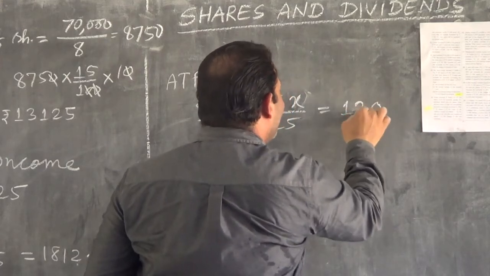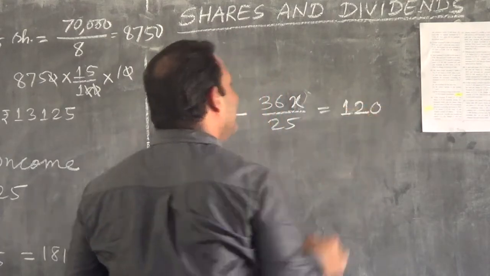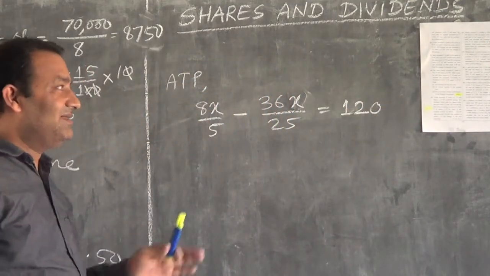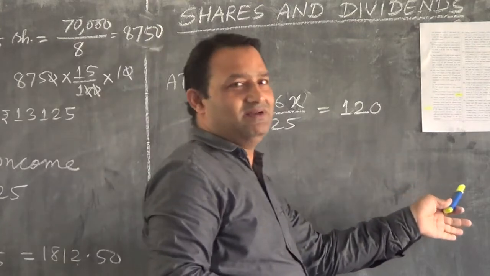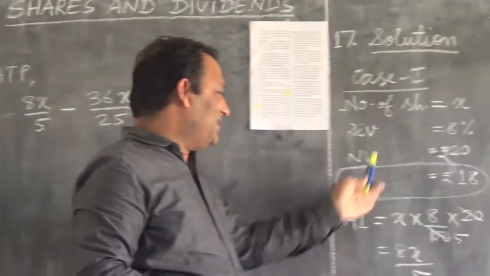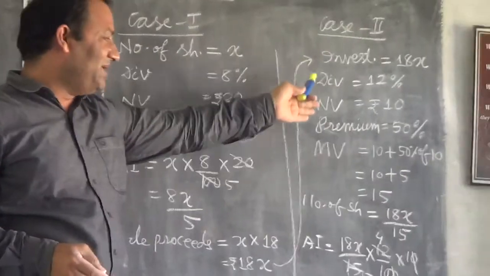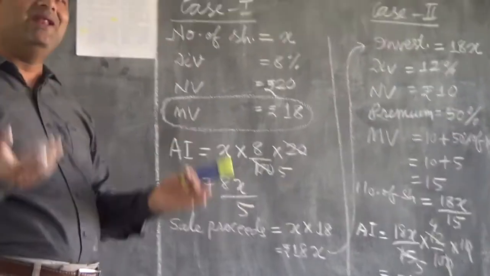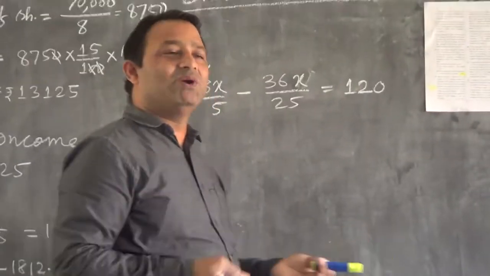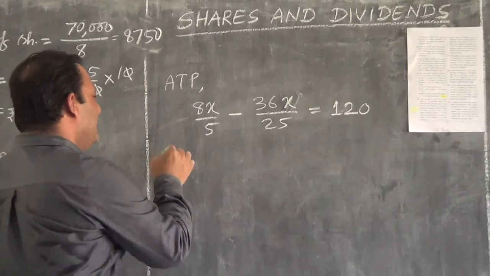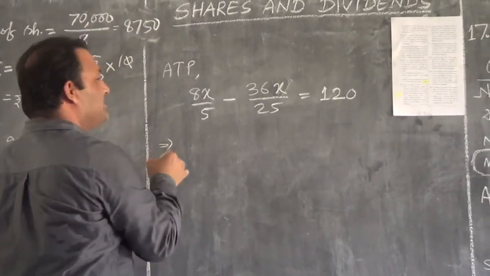So income decreased. So the decision was not correct. The decision was a foolish decision. Because after selling the shares, when he invested the money in the second company, he got less money. It was not a good investment.